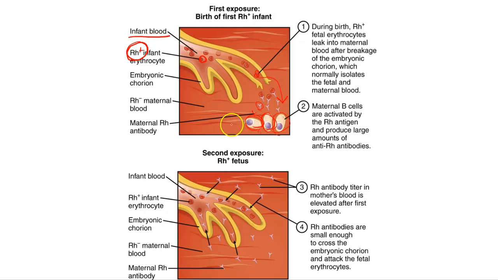After a few months, the concentration of them will go way down, but there will always still be some memory cells there, probably secreting anti-Rh antibodies at low levels. So now, if mom has a second pregnancy and the second baby is also Rh positive, now mom's antibodies, which are so small they can sneak across this barrier here, and antibodies can really get anywhere.